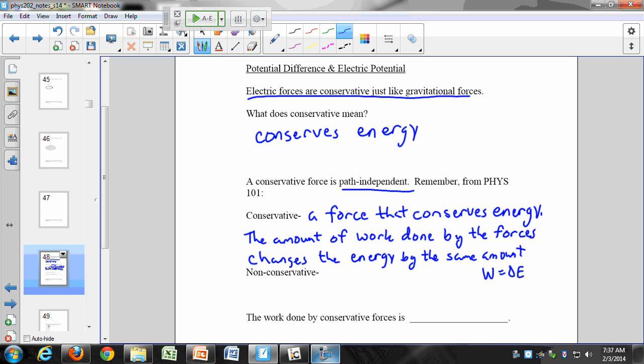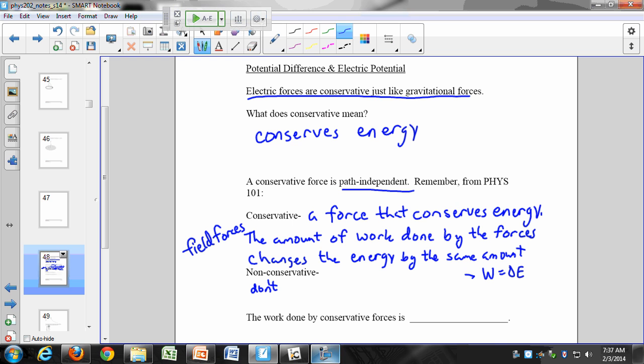Field forces. So these are examples of field forces, or field forces rather, are conservative. So that means gravitational, but also another field force that we know of is the electric force, right? The electric force doesn't require contact. And then non-conservative forces don't conserve energy.